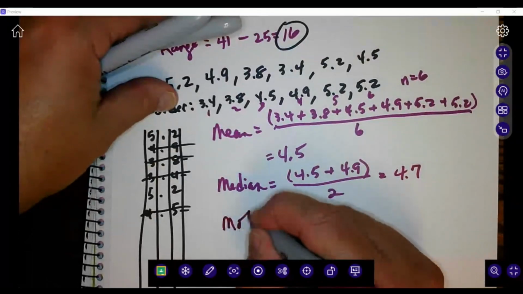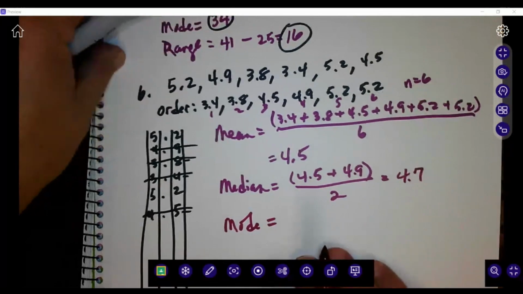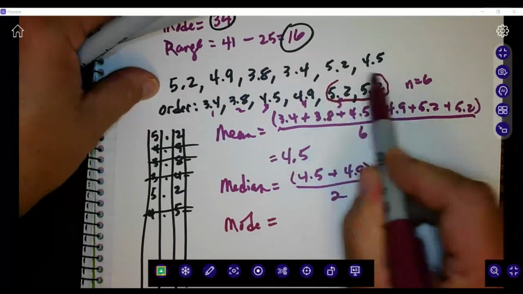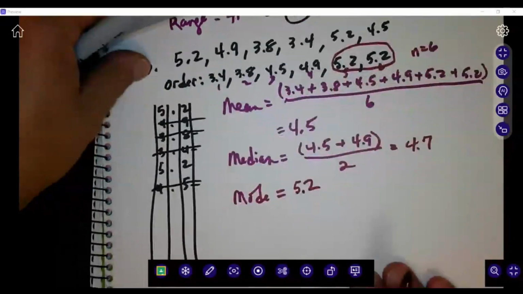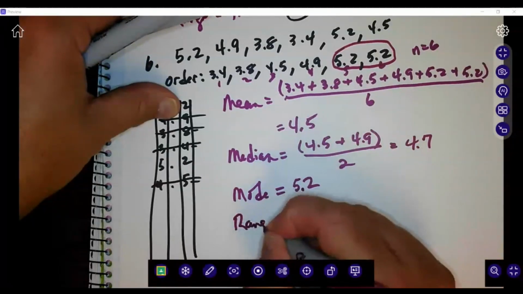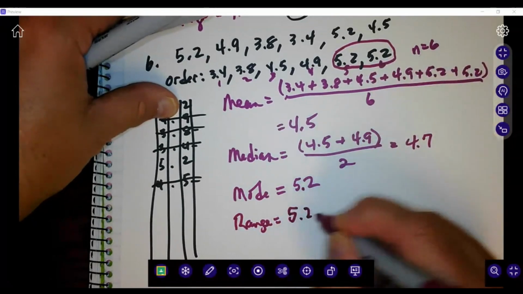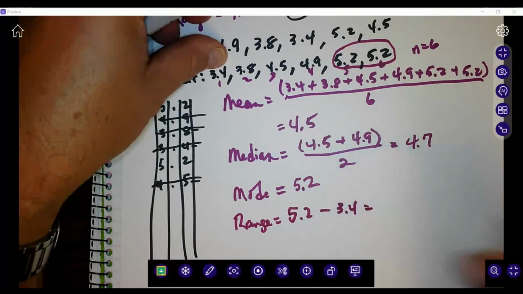Then we find our mode. Mode means most, and the only number that appears more than once is 5.2. So our mode is 5.2. And then lastly, our range, we take the top value and we subtract the smallest value.